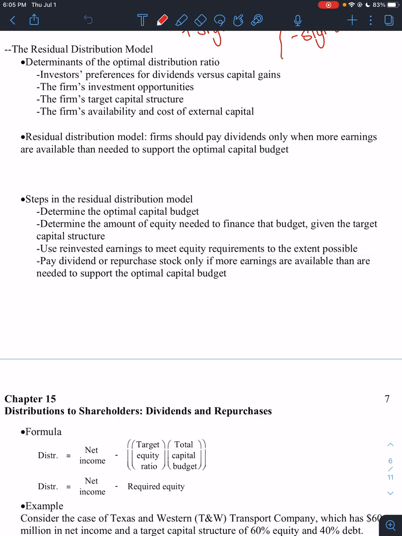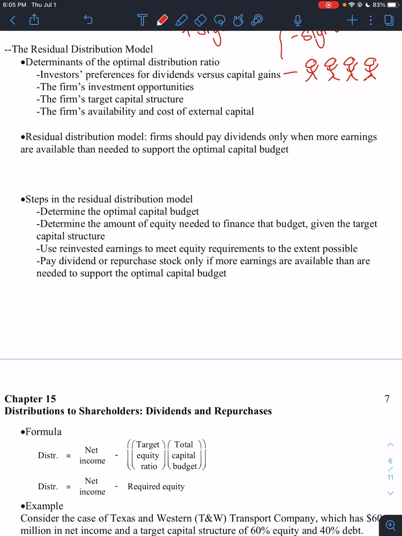All right, so it starts out by saying that a firm's optimal distribution ratio is basically determined by four things. The first is the preference that investors have between capital gains and dividends. Now, this is going to change per investor, right? Each investor is going to have different preferences here, and the firm doesn't really have any control over that.